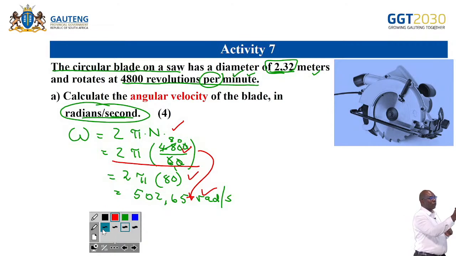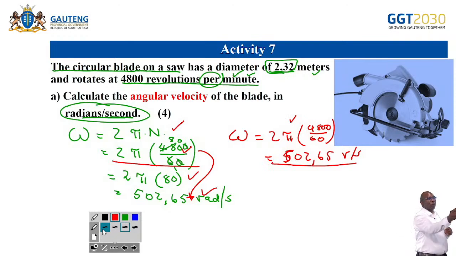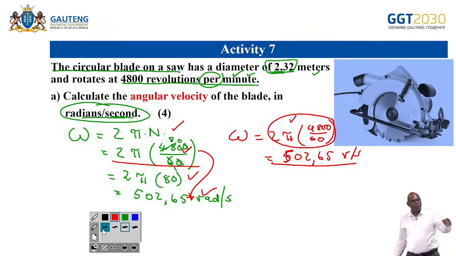Remember, if you come here and do 2 pi into 4,800 without writing the formula, and then you get your final answer of 502.65 radians per second, you're still going to get your full marks without writing the formula. We'll mark that one as 2 marks, because once you have substituted, we know.